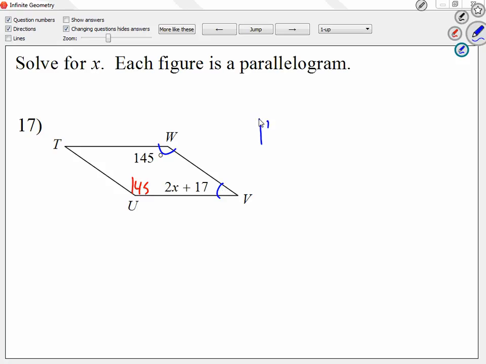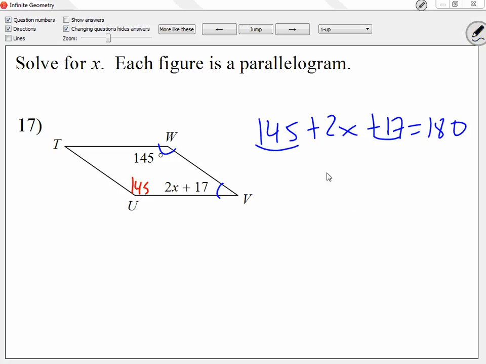So I'm going to say 145 plus 2x plus 17 is equal to 180. I can simplify the left. I can combine 145 and 17. That is 162. So we have 2x plus 162 is 180.